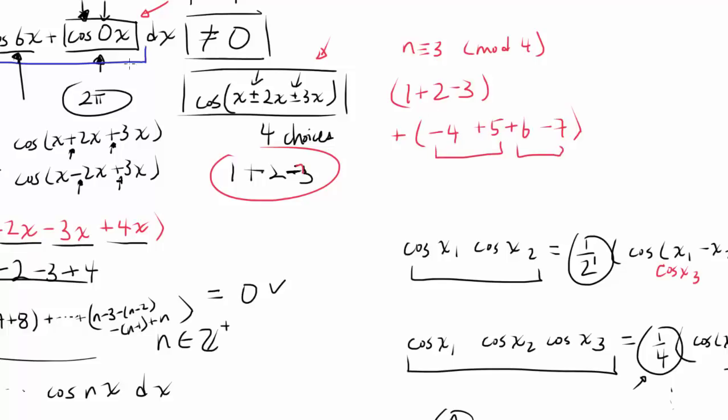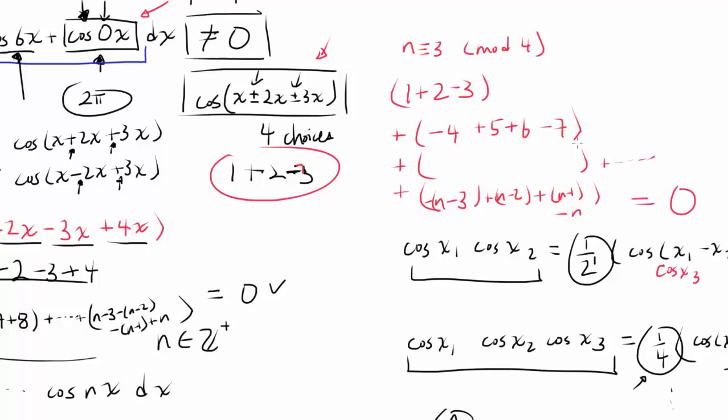And you can continue this because n is congruent to 3 mod 4, all the way to negative of n minus 3 plus n minus 2 plus n minus 1 minus n, and all of these expressions are going to turn out to be 0.